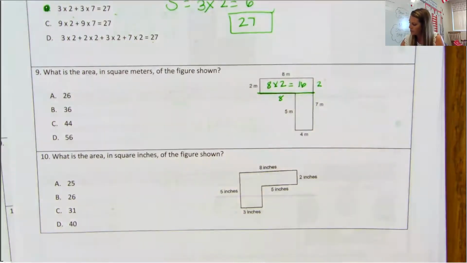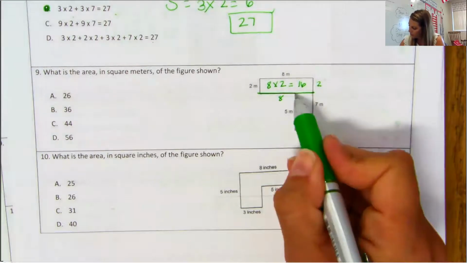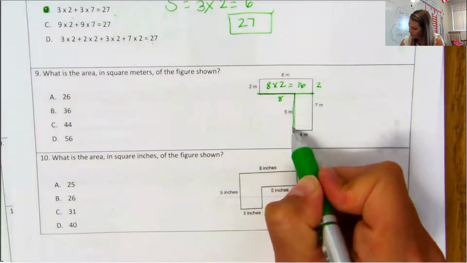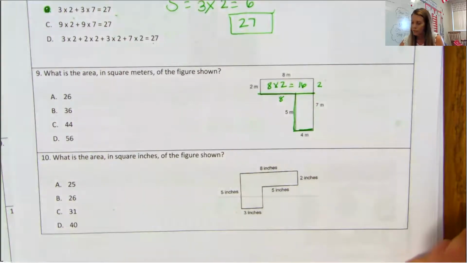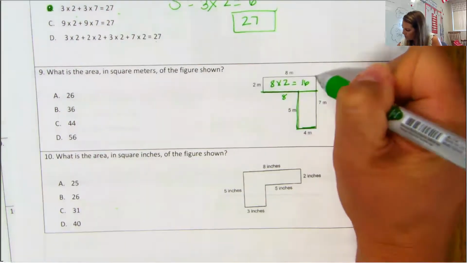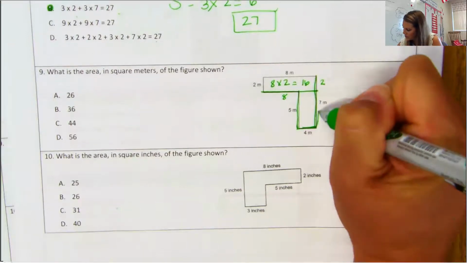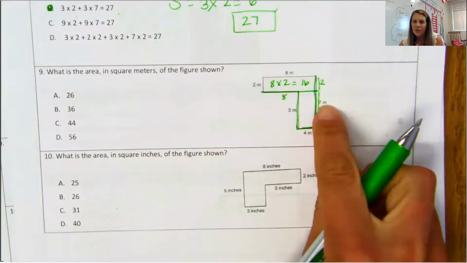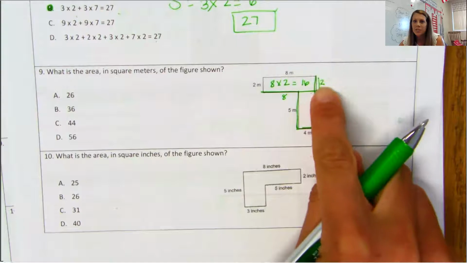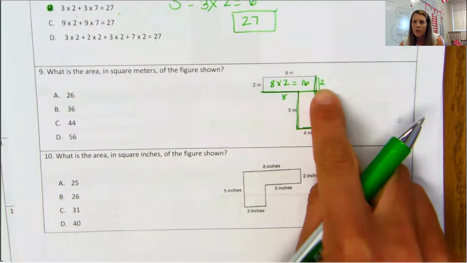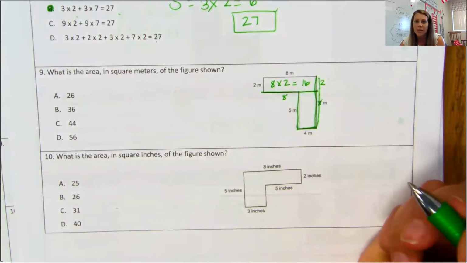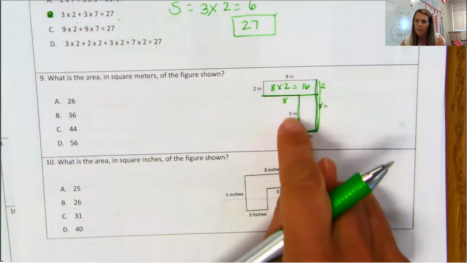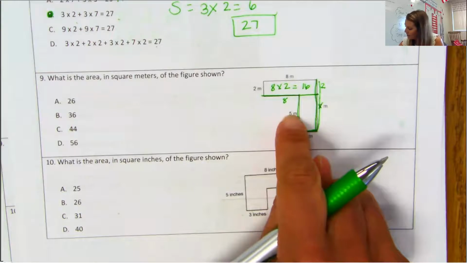Okay, well then let's look here. Right here is 5, and this is 4. Well, this whole thing says that it was 7, but if we split it up and this is 2, then what would it make this? 2 plus what equals 7? Or look over here, 5, right?